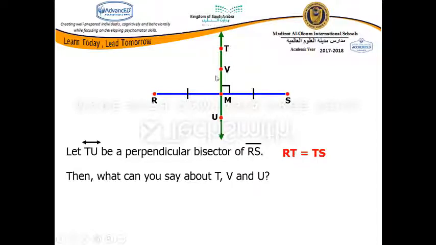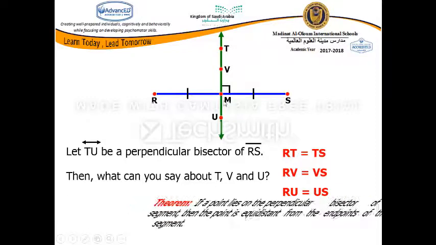Similarly, point V is also equidistant from the two endpoints of the line segment RS. That means RV equals VS, and point U, where RU equals US, is also equidistant from the endpoints of that line segment RS.